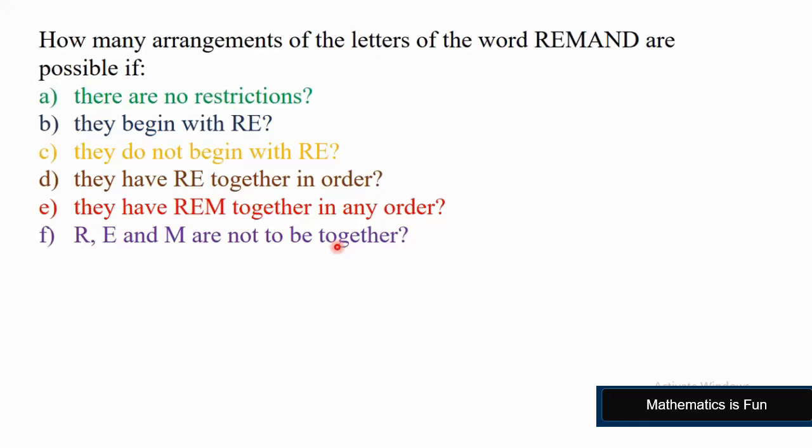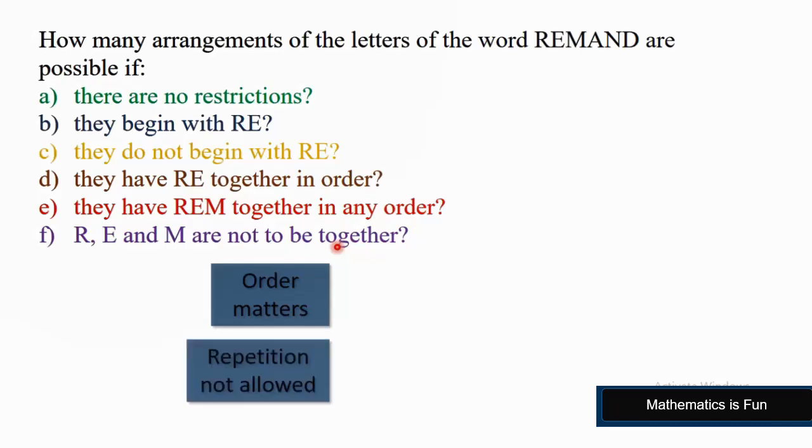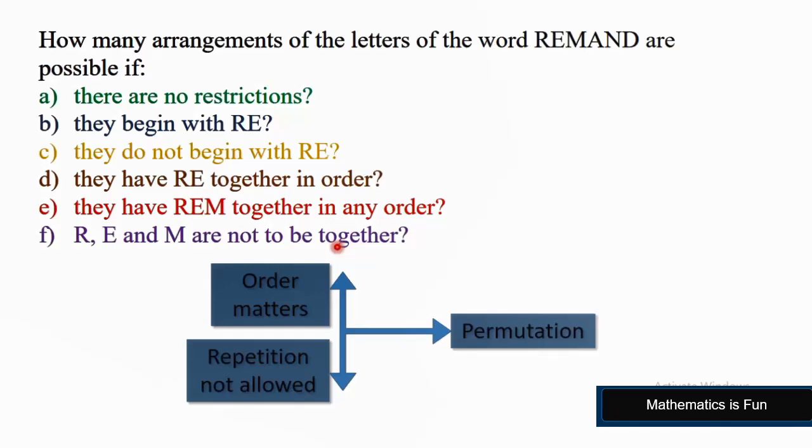And repetition is not allowed here because once a letter is chosen, it can't be repeated. So whenever we have these two situations, we use permutation. So we would use permutation in all parts. Let's now go through the different parts.